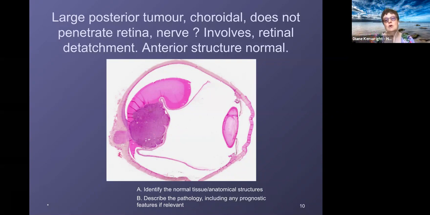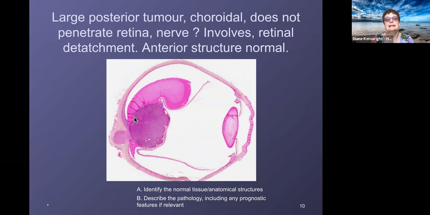Then what you've got to do is very carefully describe where it is, what the microscopic features are, and what the prognostic features are. At low power, we can see a mass in the choroid at the posterior pole overlying the optic nerve that elevates the retina and is accompanied by a subretinal exudate.